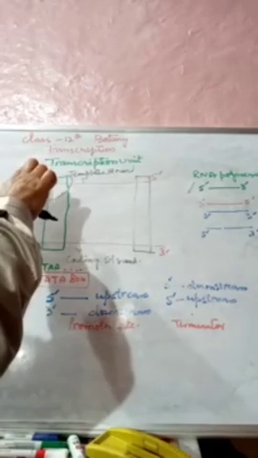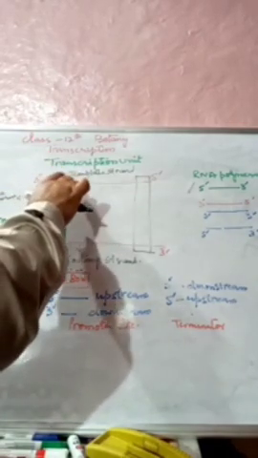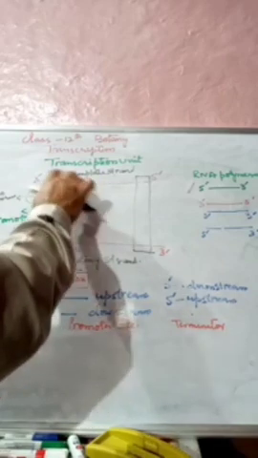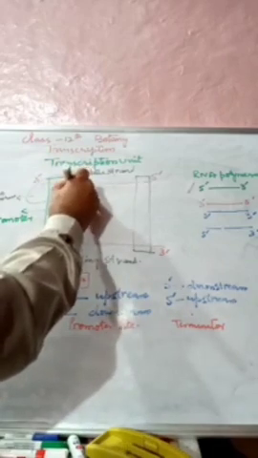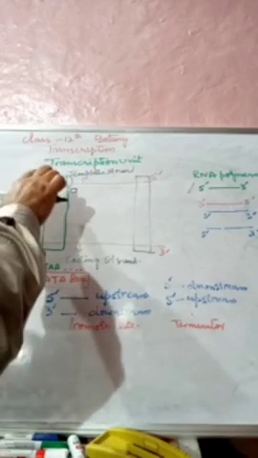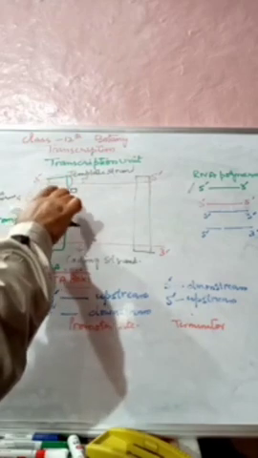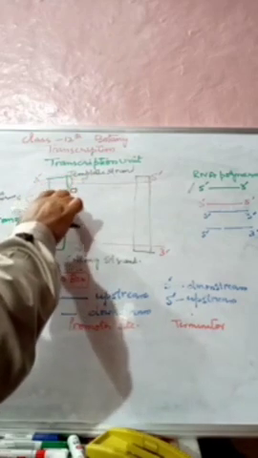The new nucleotides which are going to be formed will start from here when RNA polymerase binds here.